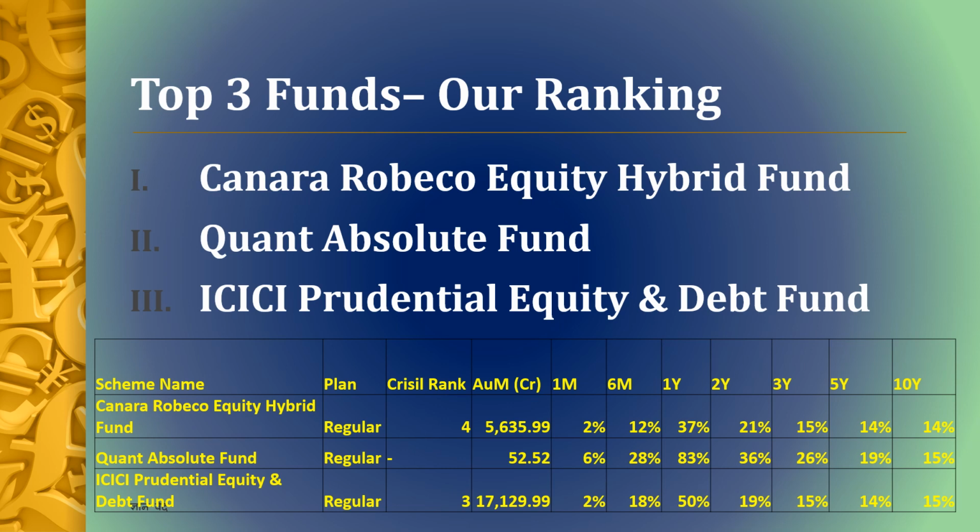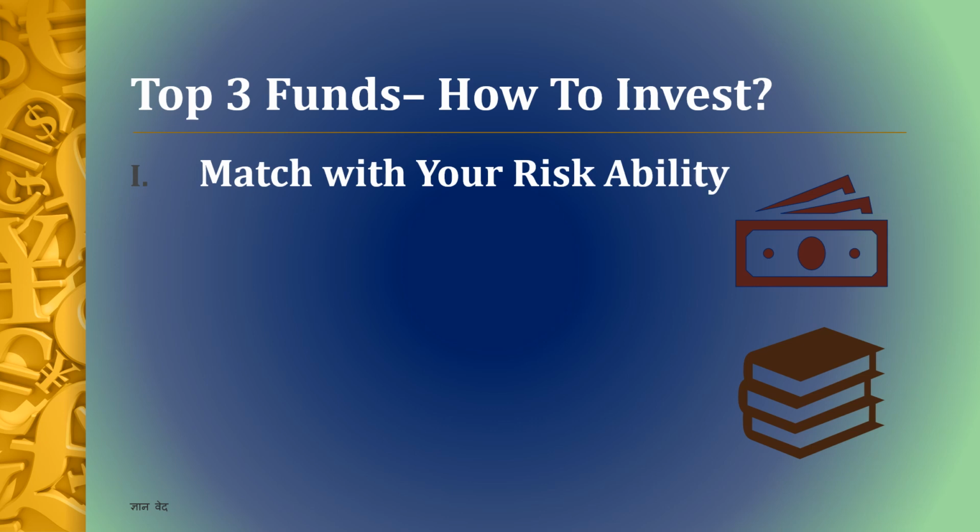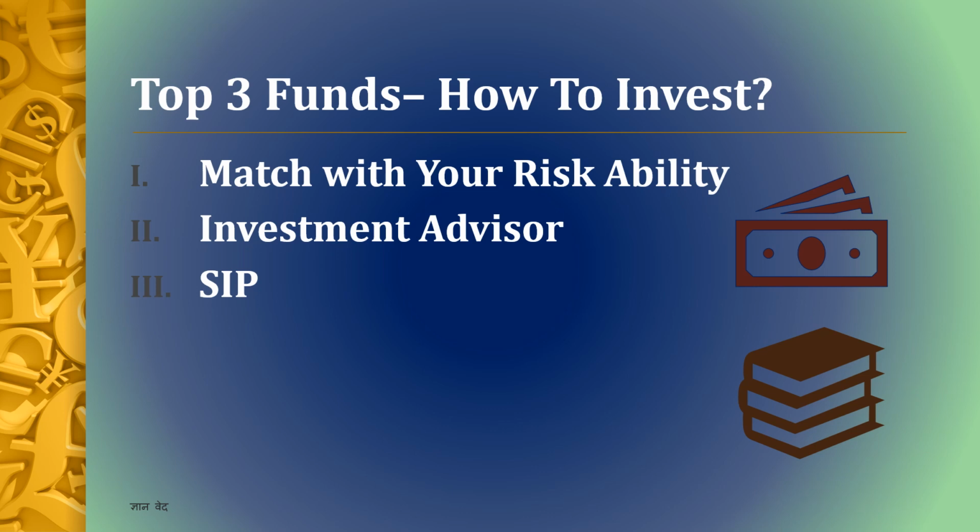If you want, you may choose other funds also. You can check your risk potential, what type of returns you want, and then take the decision. If you are convinced with our analysis and want to invest in these funds, what we suggest is that you first check your risk ability, and whether your investment advisor and whatever research you are doing on your own support this analysis. Then it is better to invest through the SIP approach.